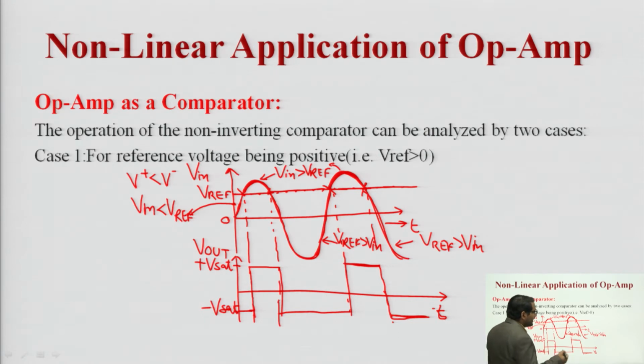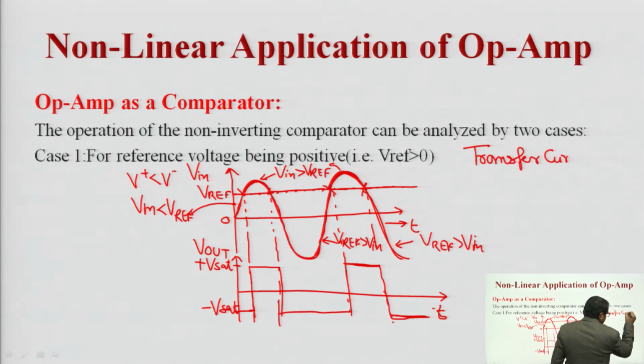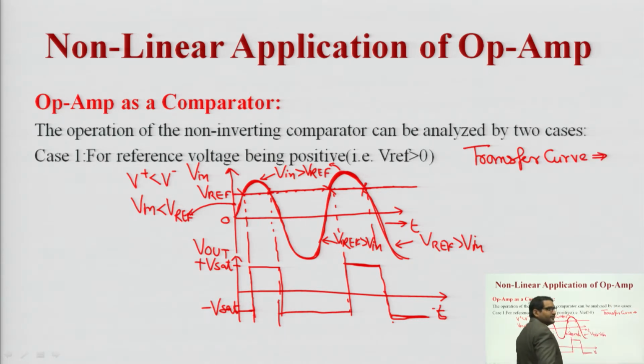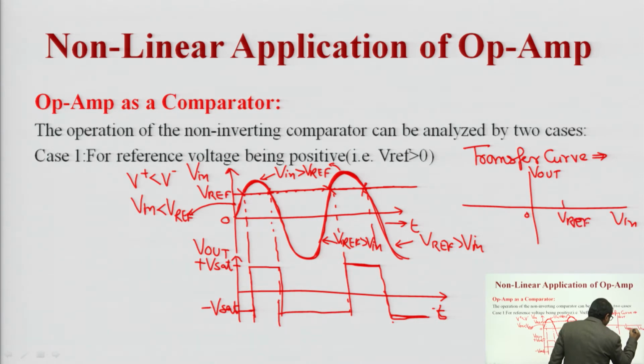Now for the transfer characteristic, if you plot V out versus V in, here is V reference, and we consider the V reference is positive.